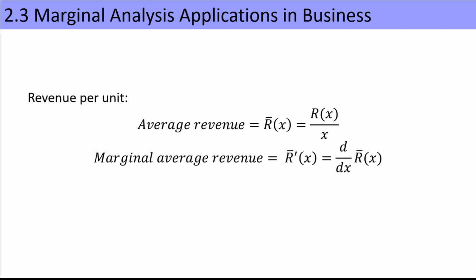For the revenue per unit, the average revenue is R bar of x, and that is equal to R of x divided by x. That is the revenue function divided by x. The marginal average revenue function is R bar prime of x, and it is the derivative d/dx of R bar of x, or the derivative of the average revenue function.